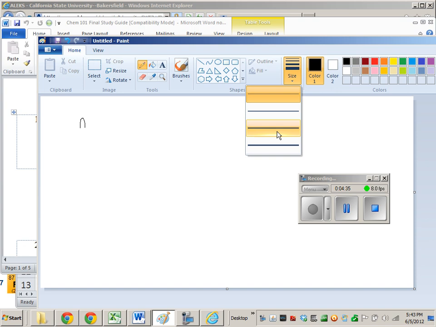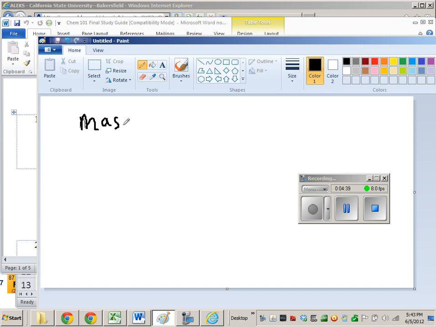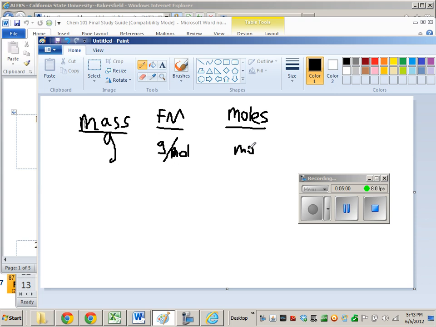If we look at our units really fast, we know how to convert things using our units. For mass, we have grams. For formula mass, we have grams per mole. All those things we calculated were in grams per mole. And then for moles, we just have moles.